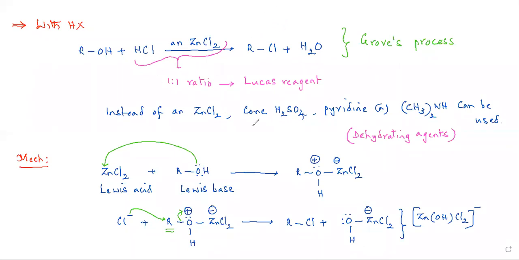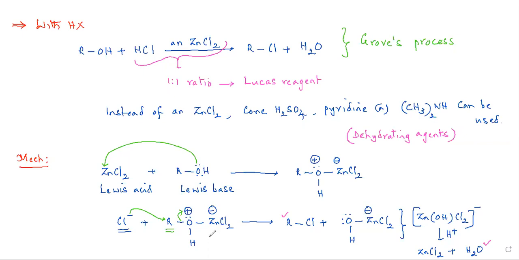We, of course, got H plus because we have just used Cl minus. We still have a proton with us. Now with that proton, we get ZnCl2, which can again be used. And then water.